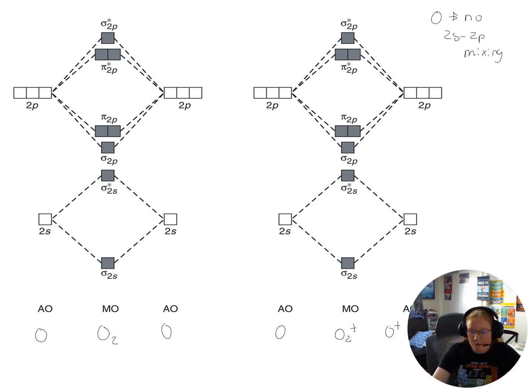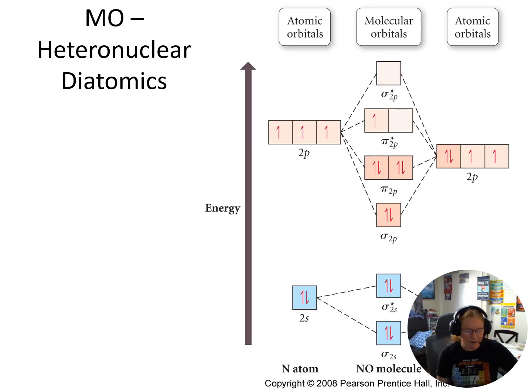Now we've looked at homonuclear diatomics. What happens with our heteronuclear diatomics? Well, once we start combining things, we've got a nitrogen, an oxygen, and then a nitrogen monoxide. Once we start combining things that are not the same, we start getting things that go a little bit wonky. Remember, I mentioned that we have to have orbitals of similar energy to get this perfect mixing.